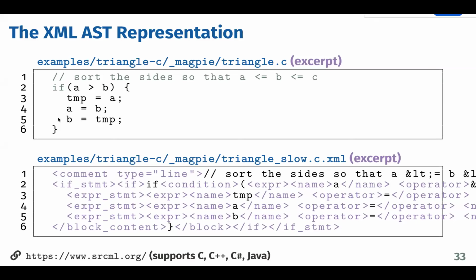If you take that fragment and look at the IST in XML form, you can see that sourceML will insert tags for comments, for each statement, and where is the condition, where is the expression statement, which is in fact a statement, which is a name, an operator, and so on. So that's what sourceML is able to generate.